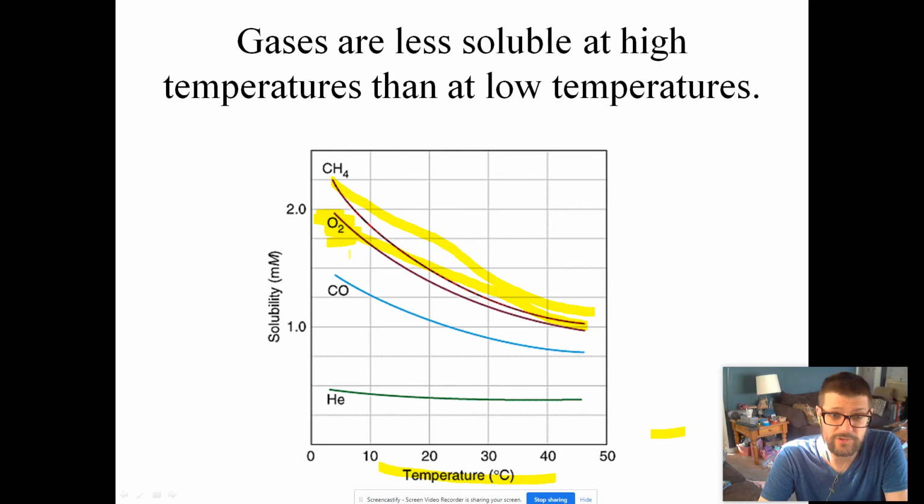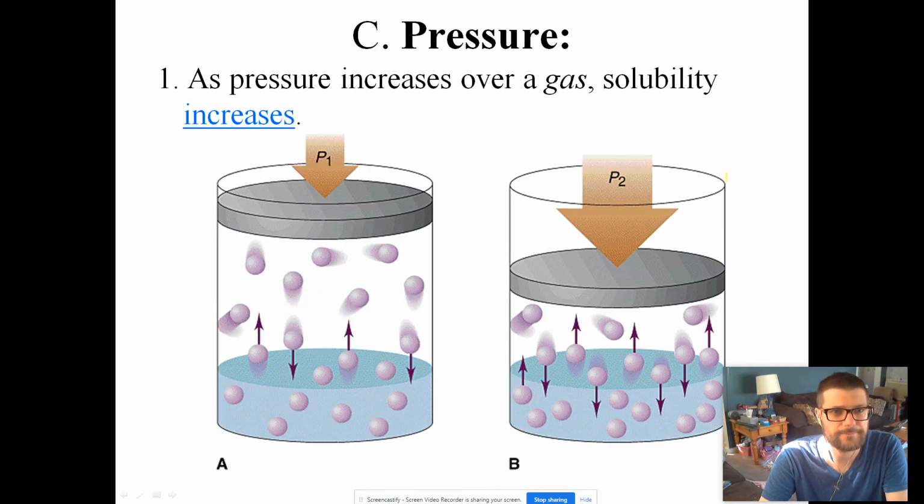So for example, in a stream, oxygen dissolves into the stream. That dissolved oxygen is how the aquatic life in that stream gets their oxygen and does their respiration. If you have a stream that gets very warm, it can hold less oxygen, and so the stream health goes down. Very important there.